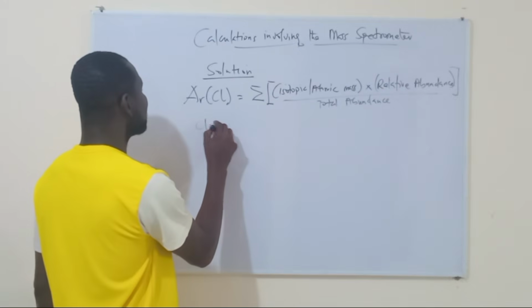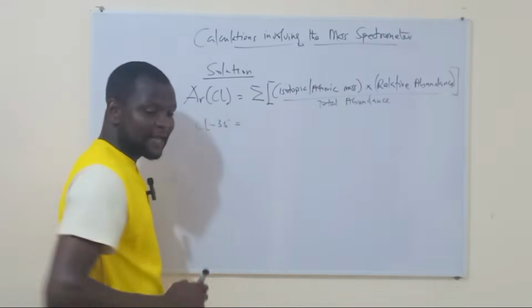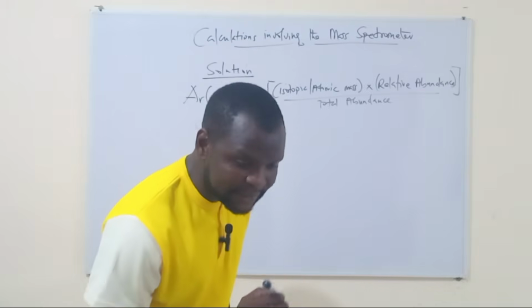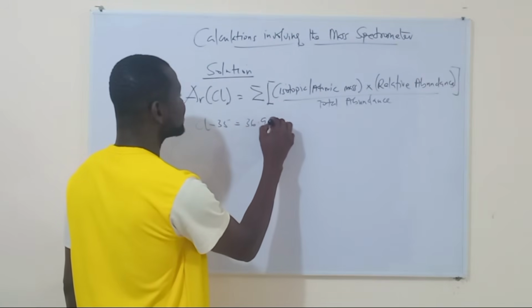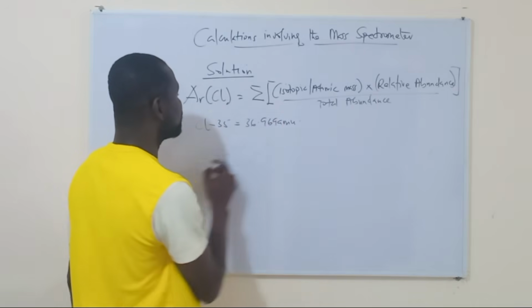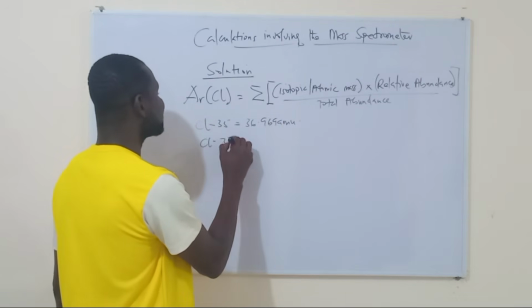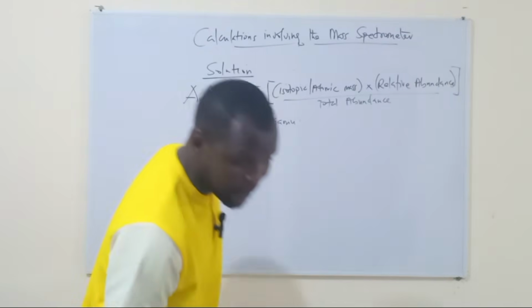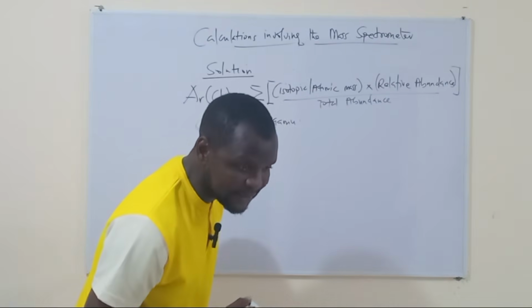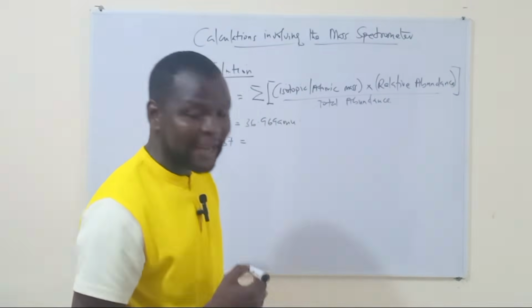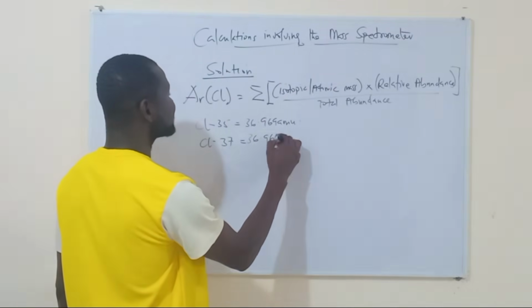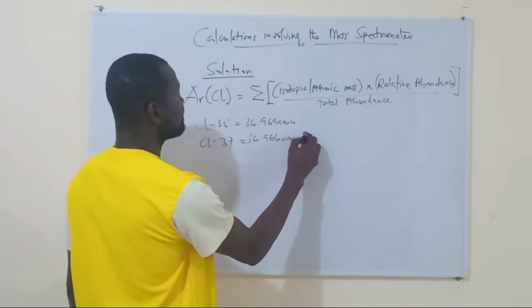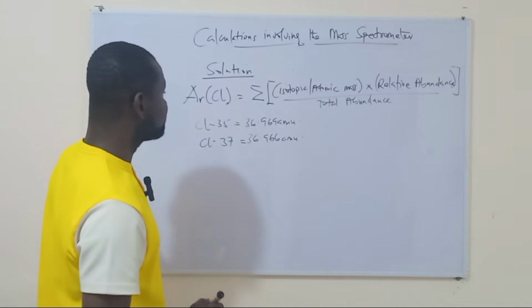So for chlorine-35, they said the atomic mass was 34.969 AMU. For chlorine-37, they said the atomic mass was 36.966 AMU.